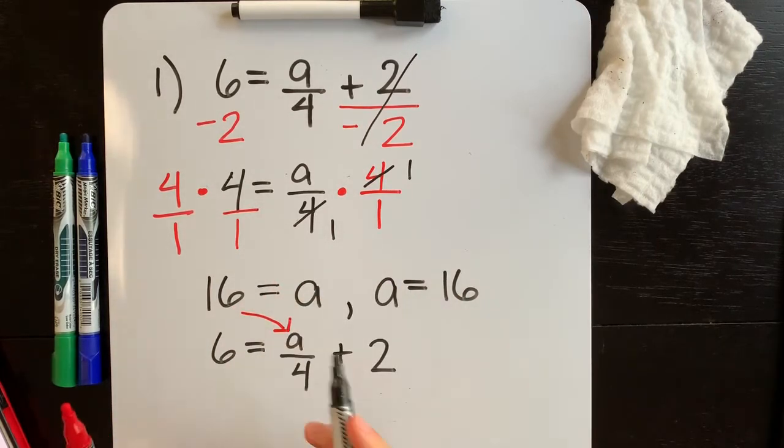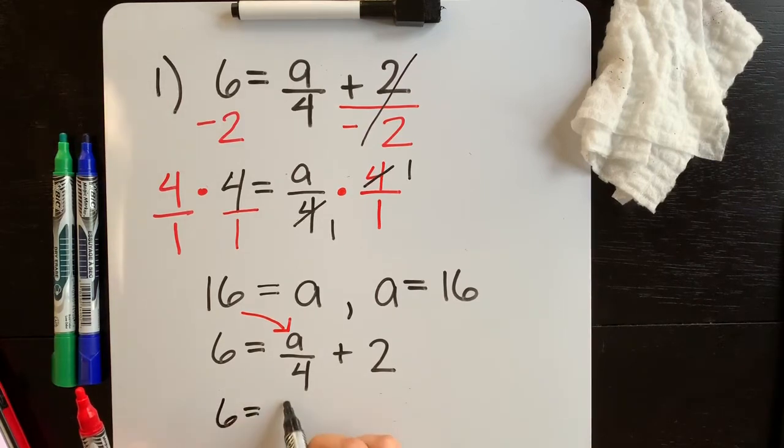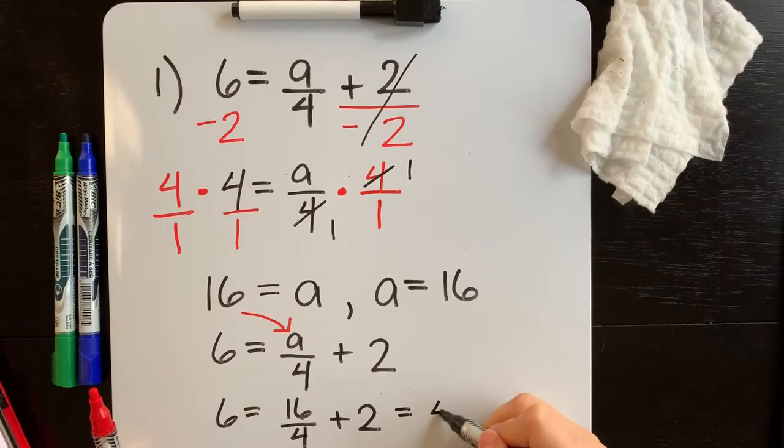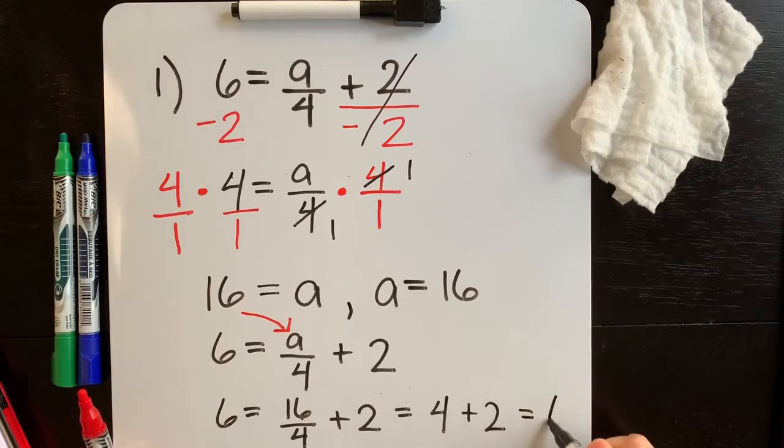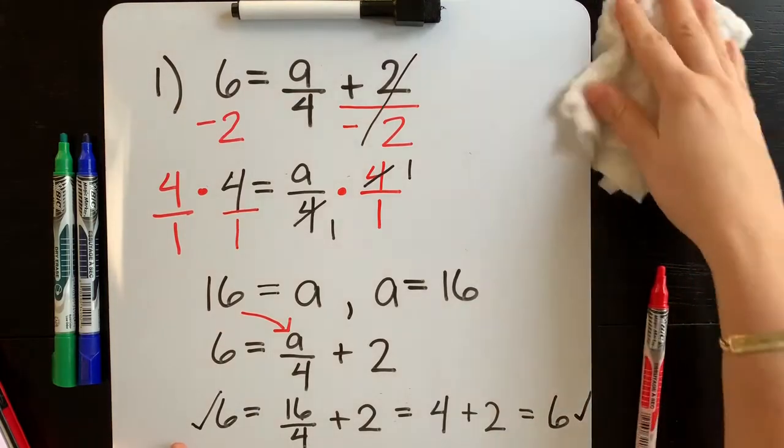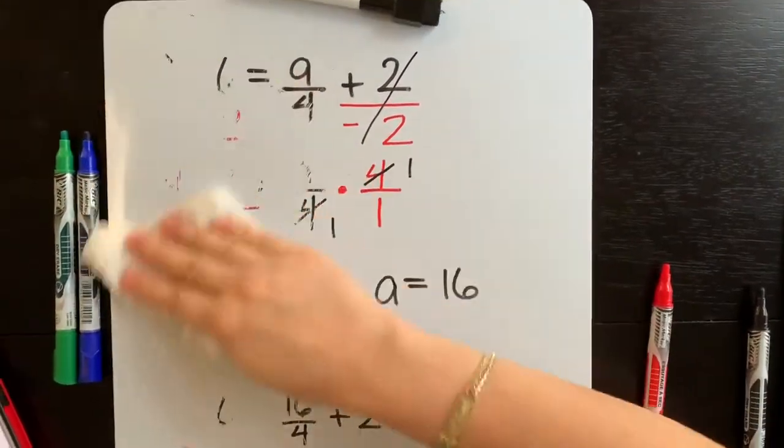And we'll get 6 equals 16/4 plus 2. And then 16 divided by 4 is 4, and then I'm going to put plus 2. And if I solve 4 plus 2, I will get 6. And again, this matches this. So it's correct.